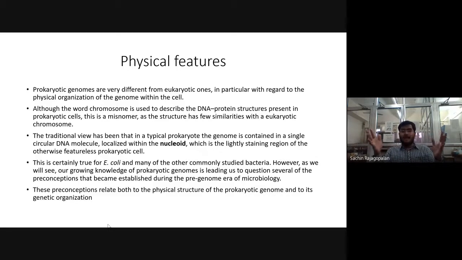That is not the case. We need to understand that from bacteria to bacteria there are going to be variations. Yes, the general organizational features may remain the same.